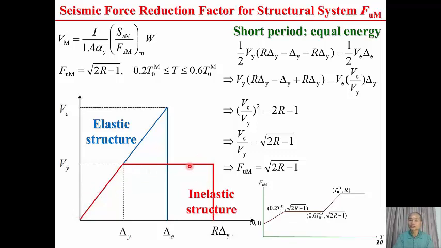It's a trapezoid. The area of a trapezoid equals 1/2 times Vy, where Vy is the height of the trapezoid, times R delta Y minus delta Y, which is the length of the top base, plus R delta Y, which is the length of the bottom base.